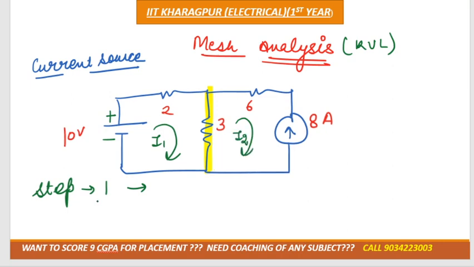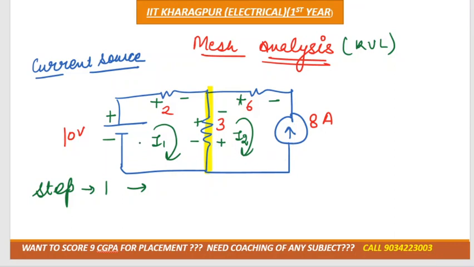Step number one, mark the current direction. Step number two is to mark the sign convention. Now we need to mark the signs positive, negative, positive, negative, positive, negative, and positive, negative. Always remember we never mark the sign across the current source.